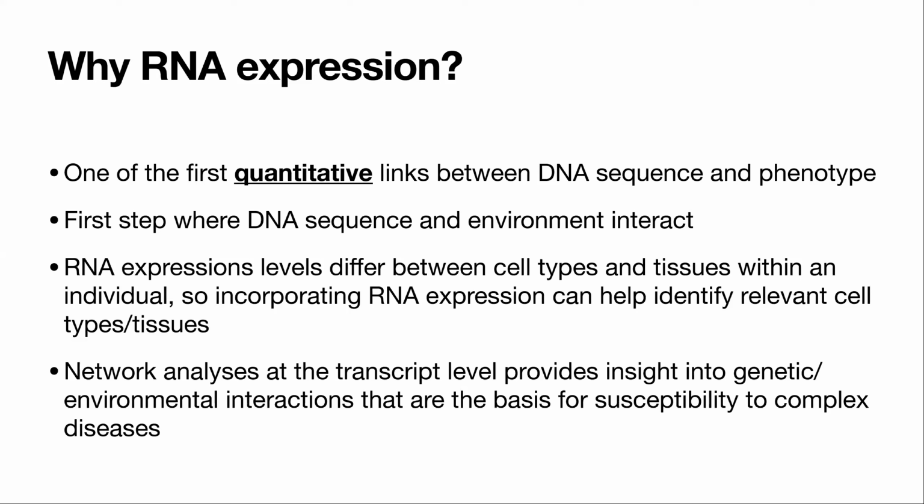And finally, what we'll touch on at the end of this presentation is that also by using network analyses, we can, with these transcription levels and their natural relationships to each other, gain a little insight into genetic and environmental interactions.